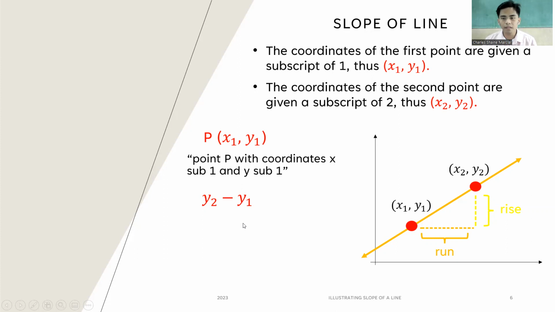And ito naman, paano natin siya basahin? We have y sub 2 minus y sub 1. Alright? So, that's how we read a point. Okay po. Itong number na nasa baba natin, ang tawag sa kanya is subscript. Okay?